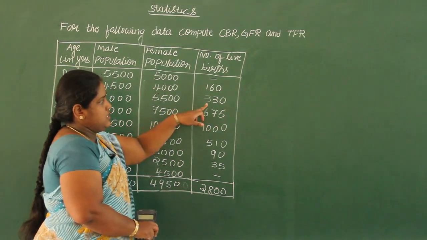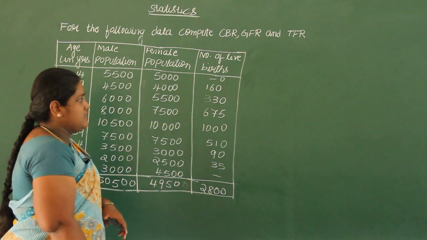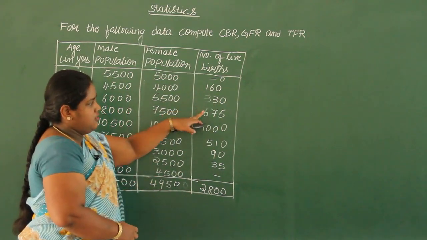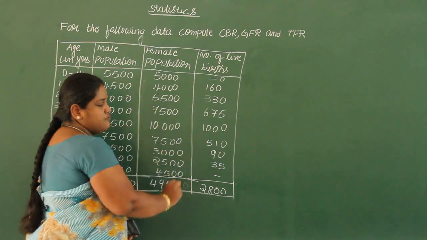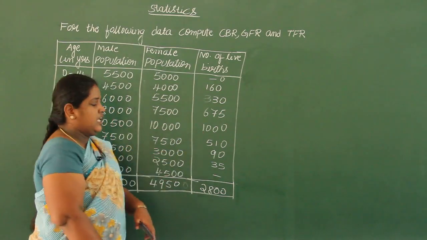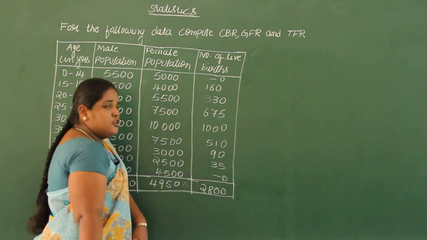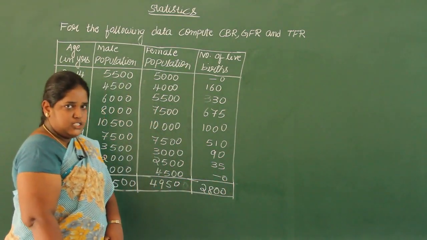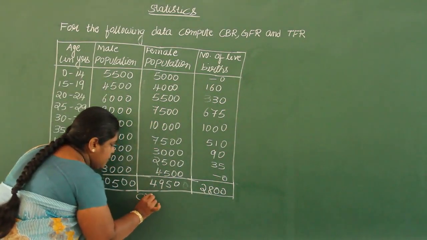Then add the number of live births. It is 160. So the first value we take as 0. Then 0 plus 160 plus 330 plus 675 plus 1000 plus 510 plus 90 plus 35, and at the end 0. When you add that, you will get the total as 2,800. Next we'll calculate CBR.